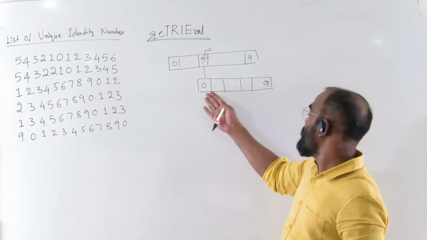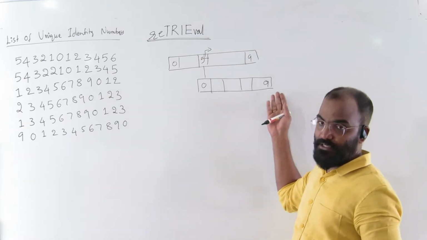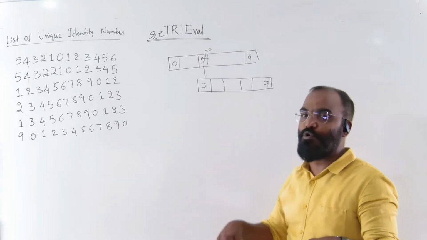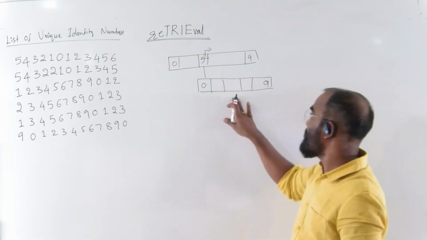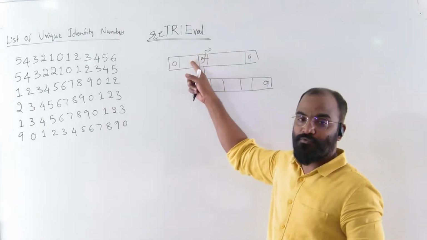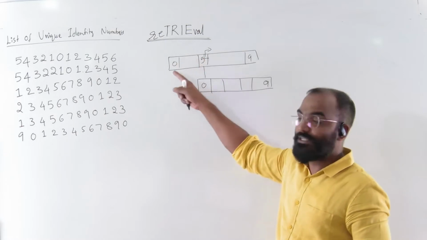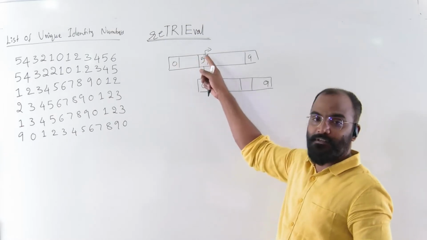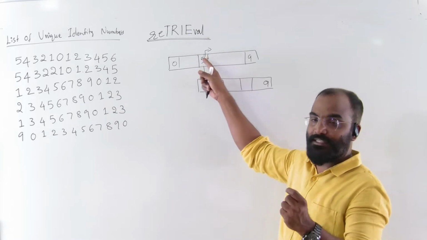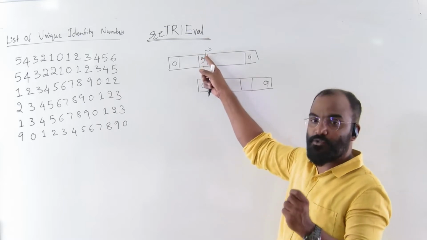Then you have an extra array here. Why do we need it? We don't need it. In this model, you don't need this extra array. As you have just started, you don't have any duplicates so far that begin with 5. So you can straight away store in the 5 digit with another data type which stores the actual Aadhaar number.